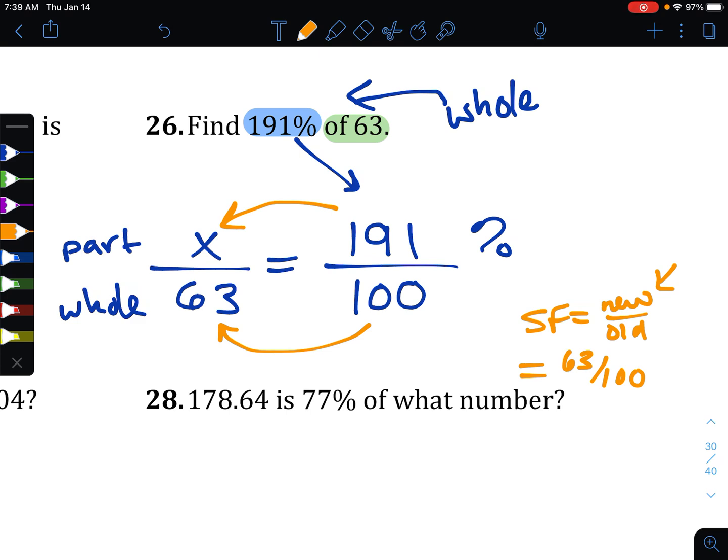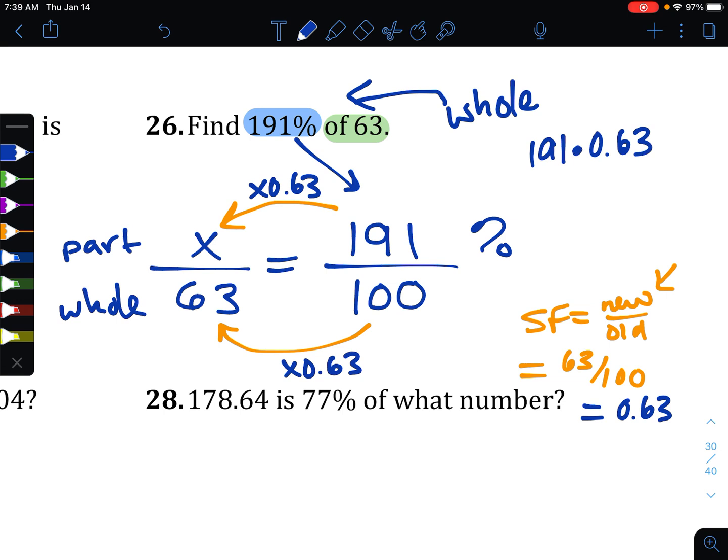From here, this will be 0.63 when I do that division. And then that'll be our scale factor that I'll also use up top, times 0.63, going in the same direction. So 191 times 0.63 is what I type in here to find the answer. And when I do that, I get 120.33. That's how we can solve this problem using a proportion.